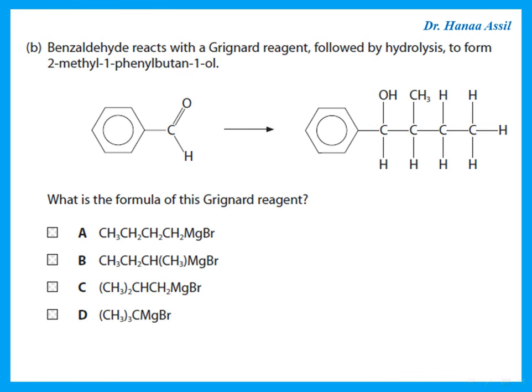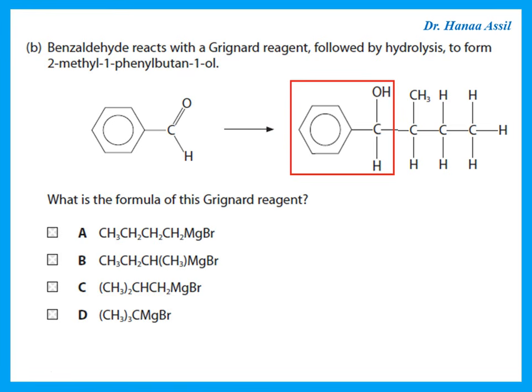Now he wants to know which one is the Grignard reagent. If we look at it, this is the part that we have from the benzaldehyde. So the rest of it is the part that we get from the Grignard. The rest of it with a magnesium bromide is my Grignard reagent. So which one is the correct answer? You can see that is the correct answer.